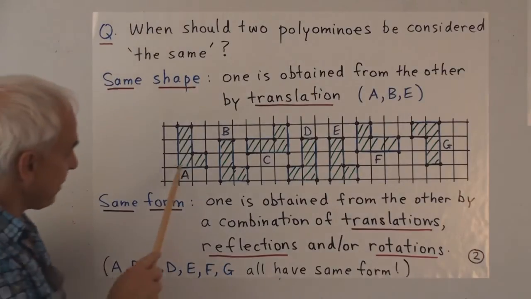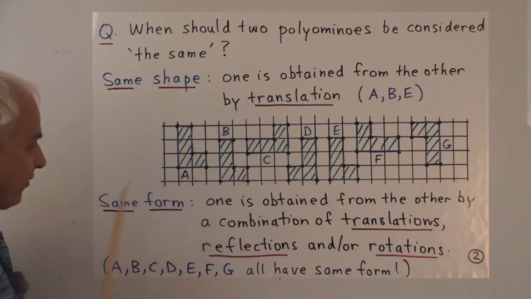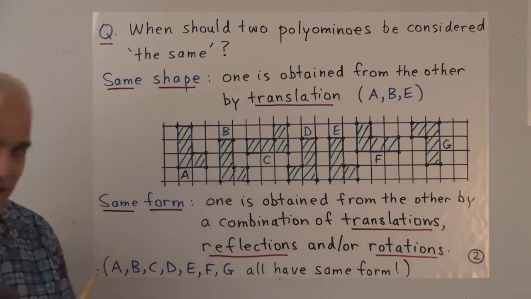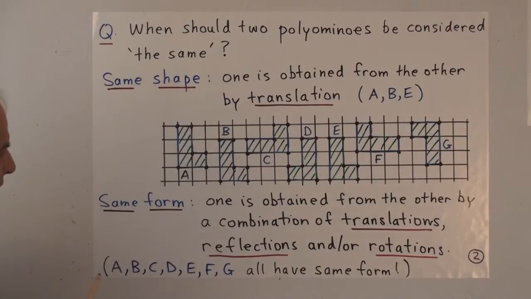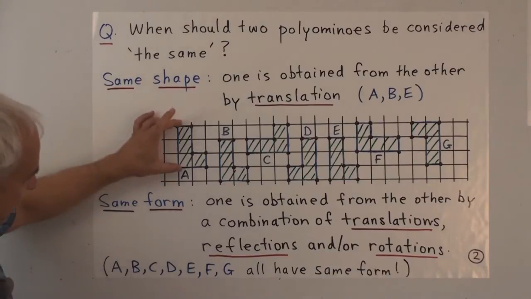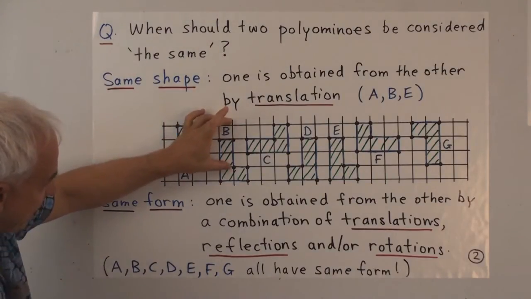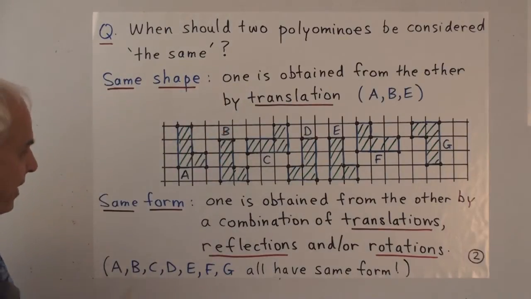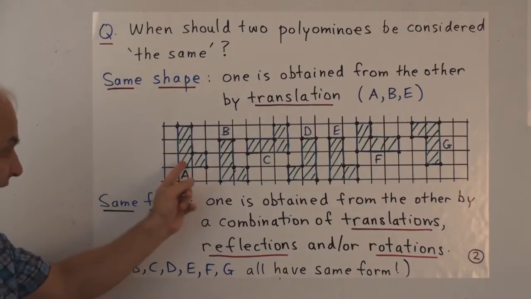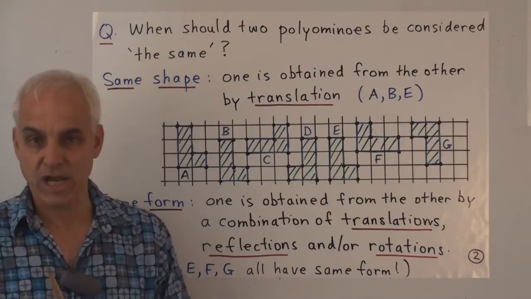So for example, this polyomino A, which has 4 cells in it, and this polyomino B, which also has 4 cells in it, they look pretty close to being the same. In fact, if we take this A and we move it over 3 and then move it down 1, then we get exactly on top of B. So we say that A and B, these two polyominoes, are the same shape.